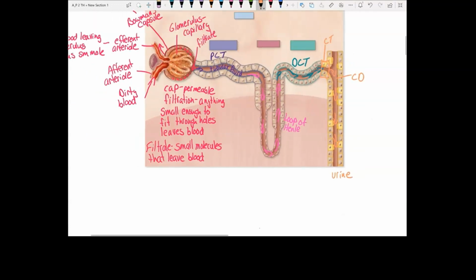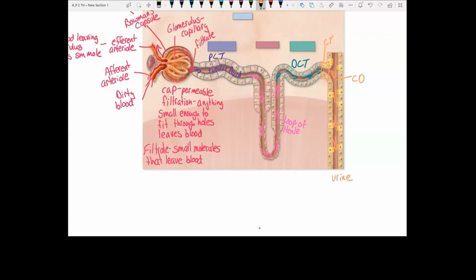So you start off, you have filtrate, which is the small molecules you remove from the blood. That filtrate flows through the rest of the nephron: the proximal convoluted tubule, the loop of Henle, the distal convoluted tubule, the collecting duct.